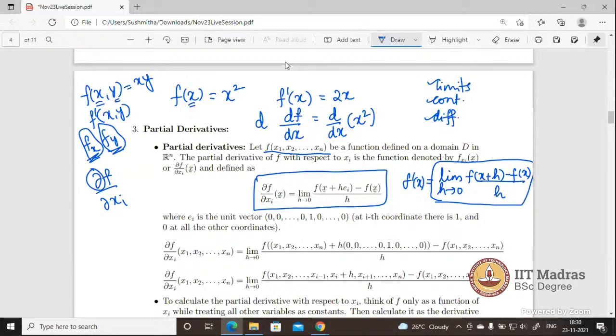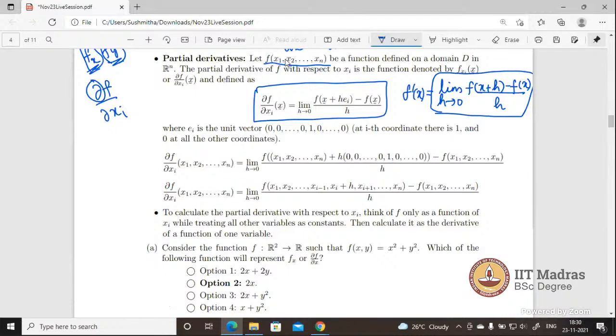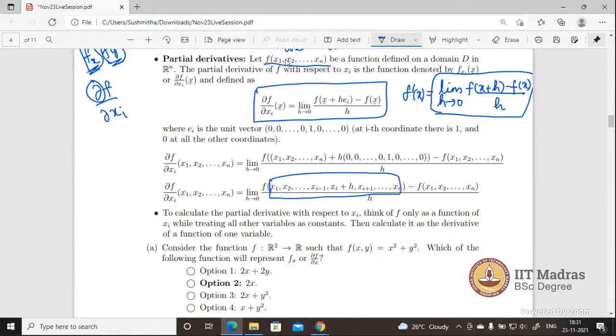So the rate of change with respect to just one of the variables is called the partial derivative with respect to that variable. Just like I had mentioned earlier, we are just writing ei here, and that's going to give me this. So the vector is being disturbed only at the ith coordinate. Every other coordinate remains the same, right?